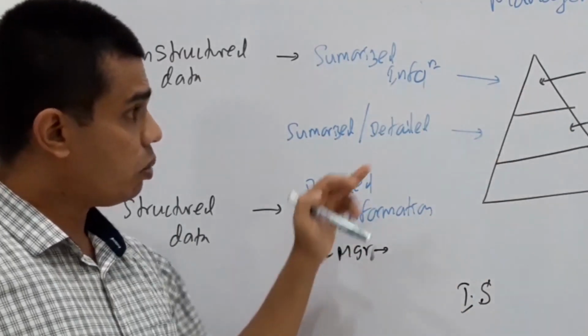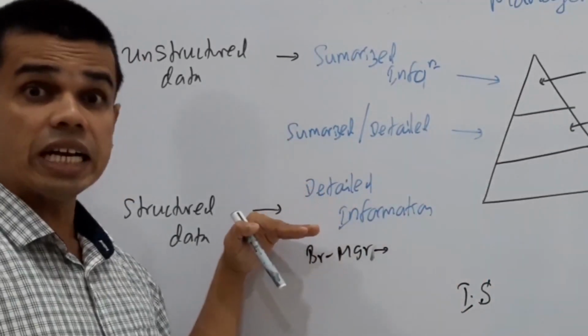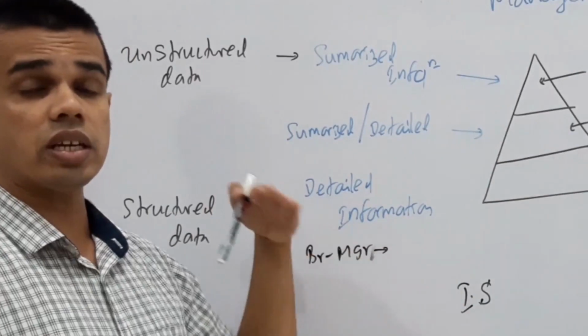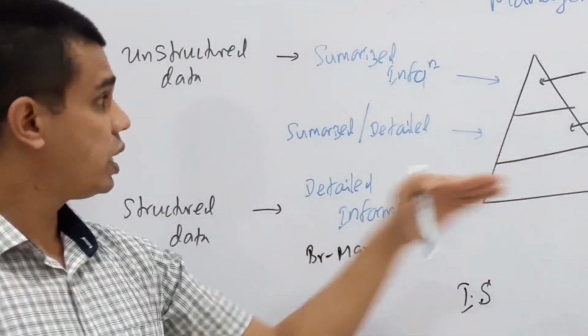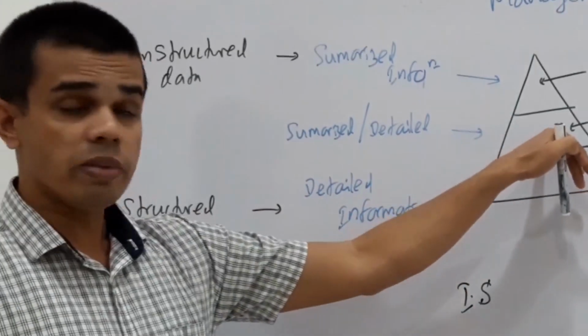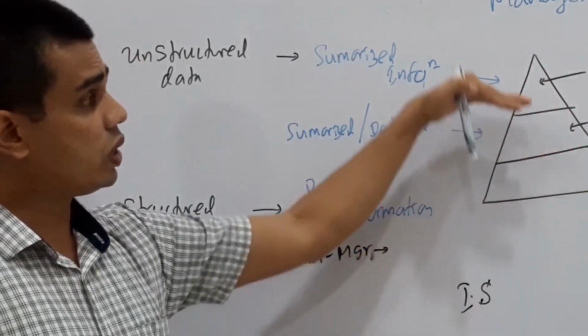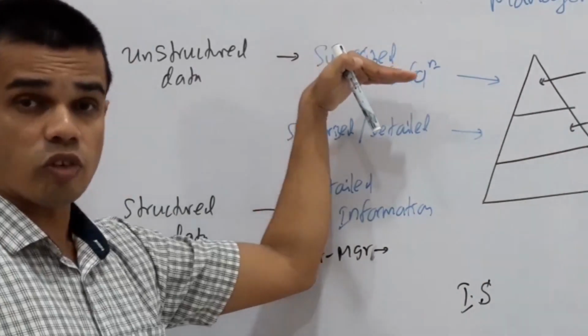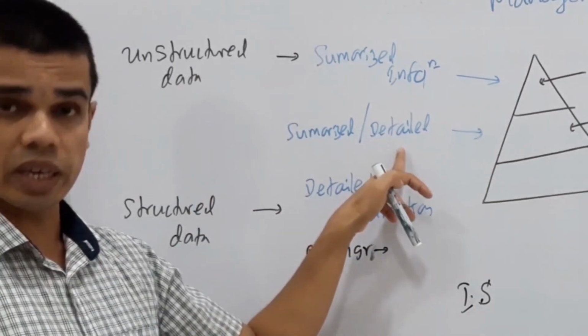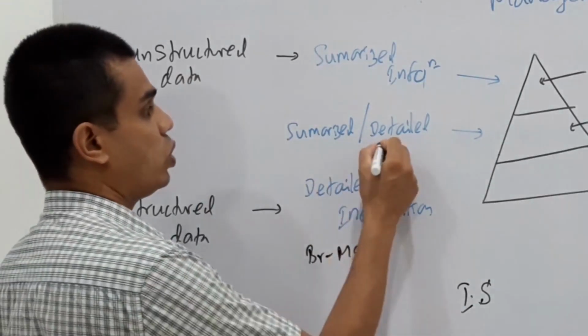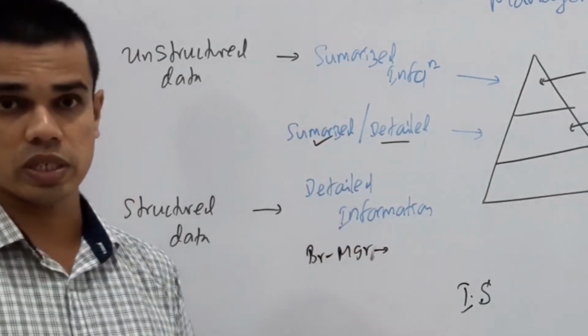And the bottom level is going to handle detailed information regarding their customers, regarding their operations, the electricity bill, how much electricity bill is paid for the last month, likewise. The middle managers are in between, so they may handle mostly summarized information, whereas they may deal with detailed information in some cases. It's a little bit rare, but most probably they are going to deal with summarized information.